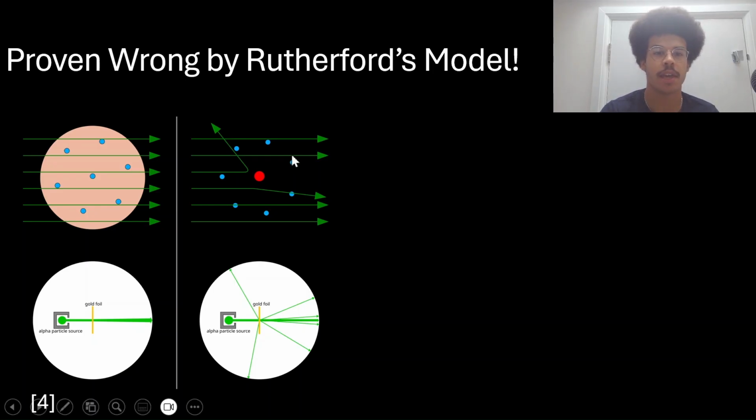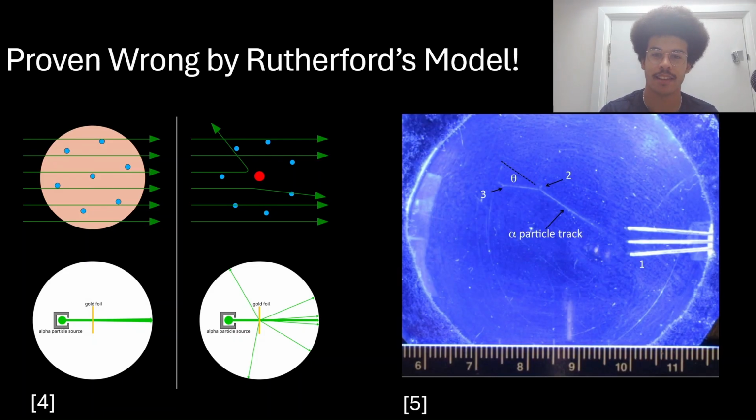So you can see here that there comes a point where the incoming positive particles get scattered. And you can literally see from this other photo here that is exactly what's happening, that the alpha particle, which is this charged particle that comes out of the source, changes direction.